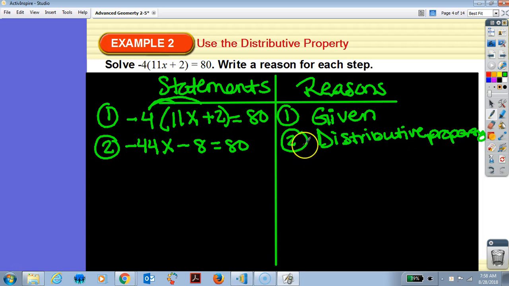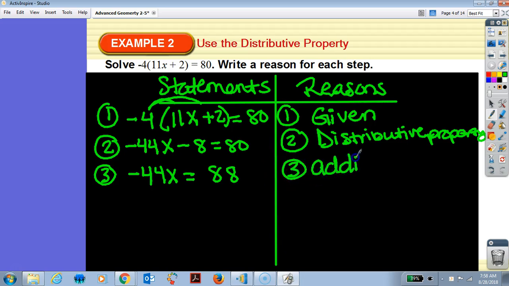No, because we're not doing the same thing to both sides. All right, what's next? Subtract 8 from both sides? Add 8, because -8 plus 8 is 0. It cancels out. So I would be left with -44x equals 88. And how we got that was we added to both sides. So that would be the addition property of equality.